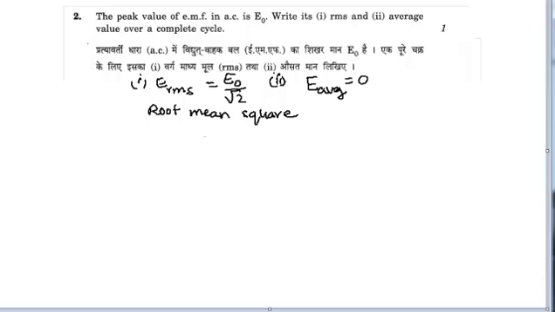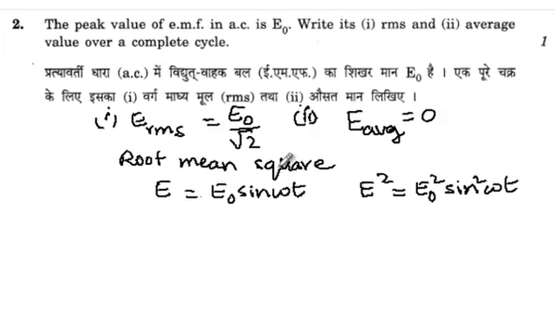Let's say E is equal to E naught sine omega t. Now, squaring this would give us E square equal to E naught square sine square omega t. So, we've done the first step, we've squared this value.